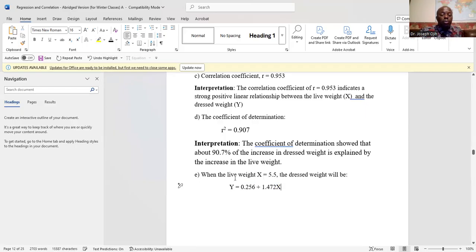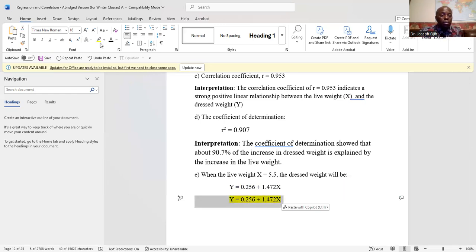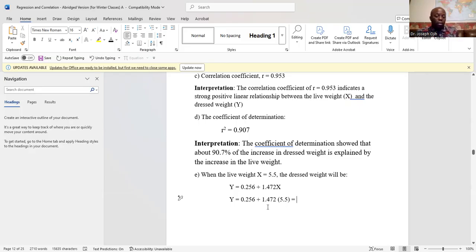Just put in the 5.5 for x here. So we're going to have it in this form. Okay, again. So for x, I'm going to put 5.5. And that will give us the answer. So let me write them down and we can get it from the calculator. Okay. Y equals 0.256 plus 1.472 times 5.5. Okay. So let's go and get it from the calculator.